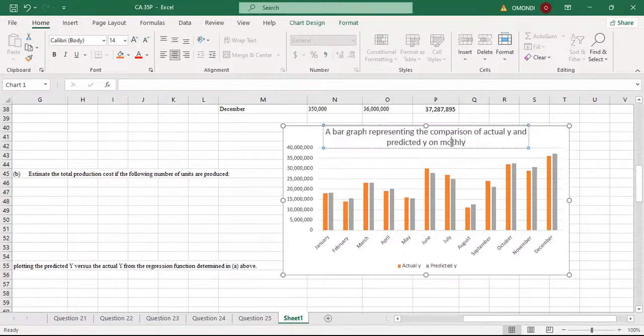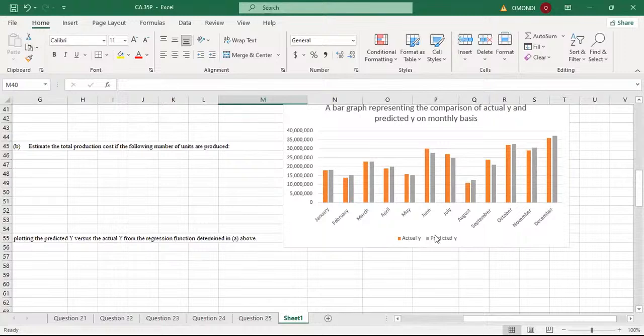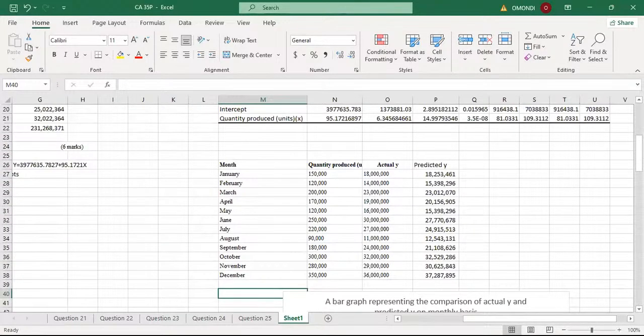On a monthly basis, something like that can just be the title for the chart. So by doing that, you've been able to answer all those questions. And remember, this question number 25 got 20 marks. So in today's lesson, I have given you 20 marks for the data analytics paper.